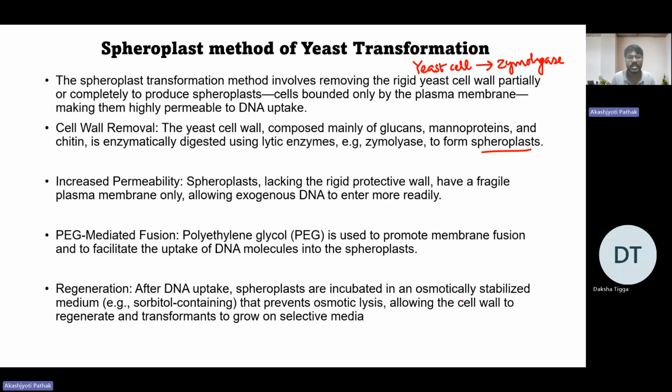This is a sorbitol-containing medium, which will prevent osmotic lysis and allow the cell wall to regenerate. This is the recovery phase, as we did in bacterial transformation, where we added LB media and allowed the bacteria to recover. Same here, we place it in the sorbitol-containing medium and allow the cell wall to regenerate.